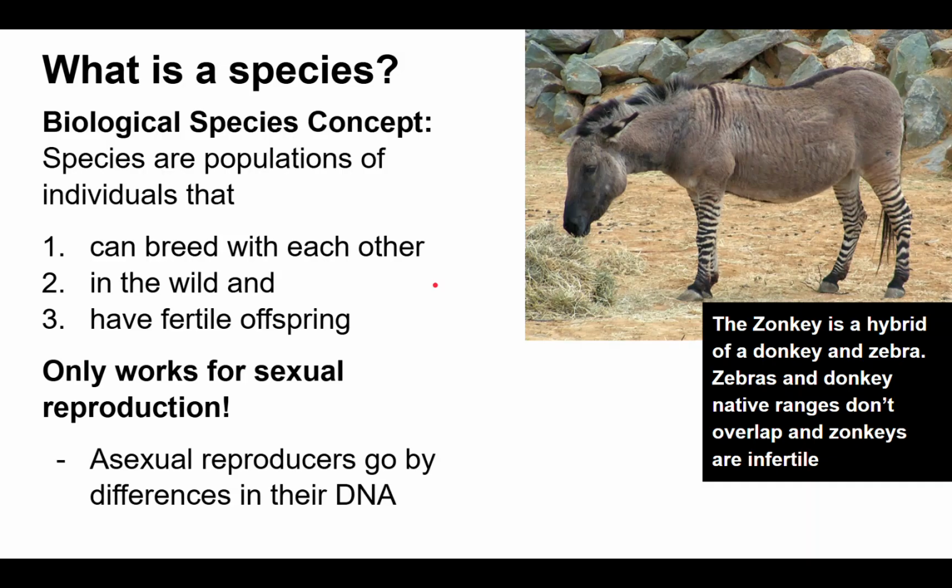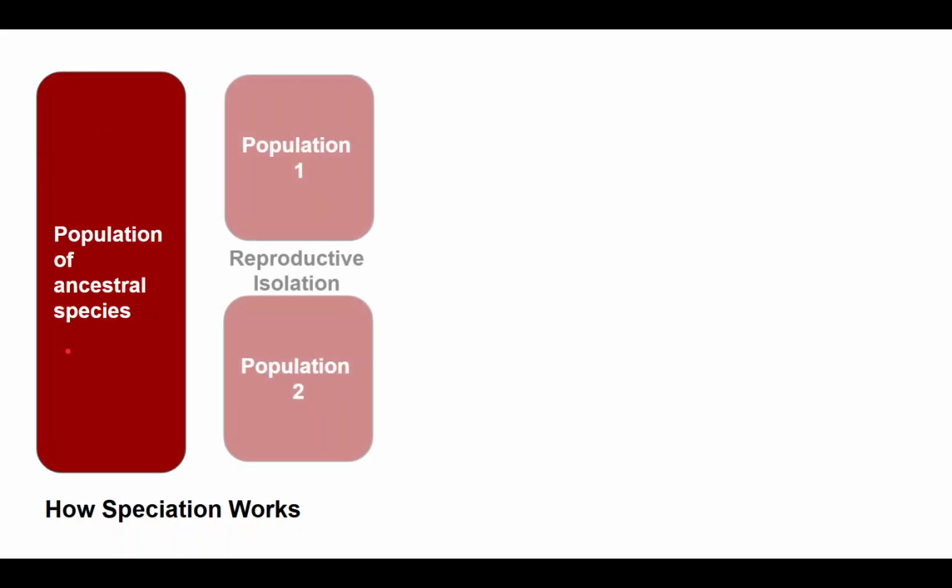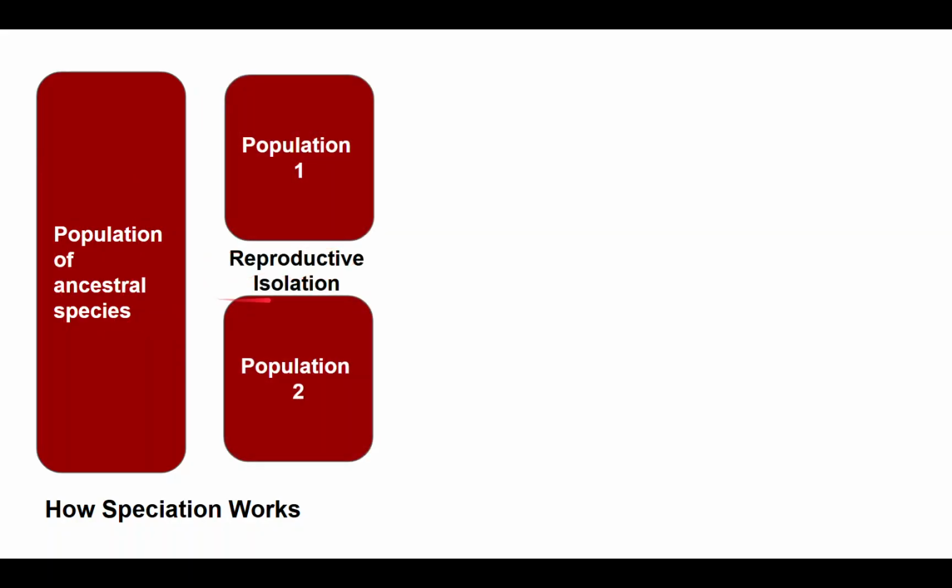How do we get to different species? Well, this is the overall way that speciation works. That's what we call this process, speciation. So we have some population of an ancestral species here, all right? Something happens and we get a block in reproduction, or basically in DNA, from going from population 1 to population 2 and vice versa, right?